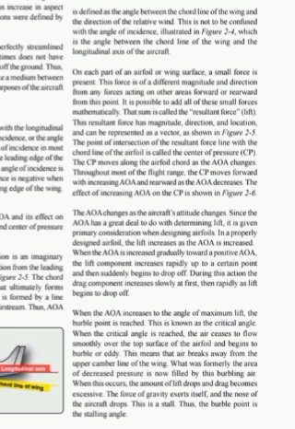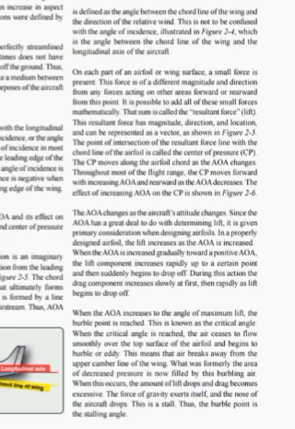On each part of an airfoil or wing surface, a small force is present. This force is of a different magnitude and direction from any forces acting on other areas forward or rearward from this point. It is possible to add all of these small forces mathematically. That sum is called the resultant force, lift.